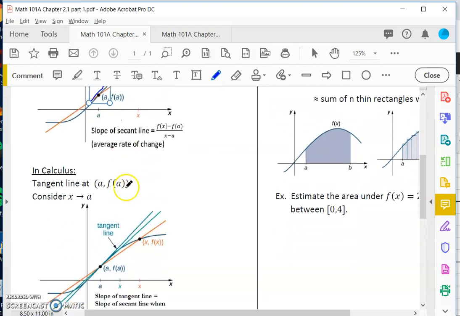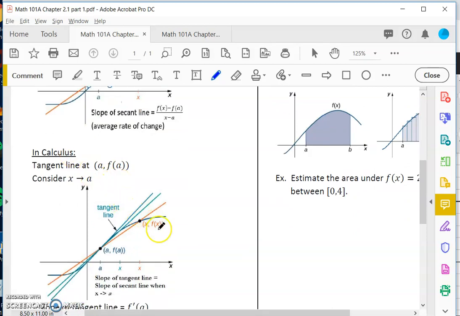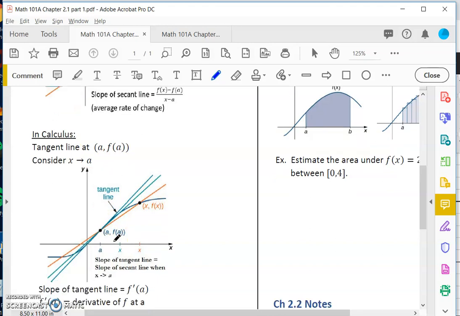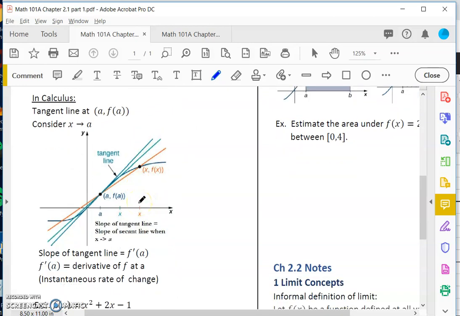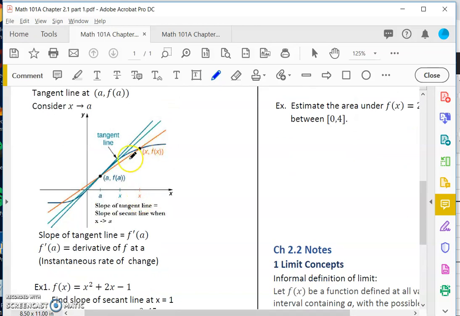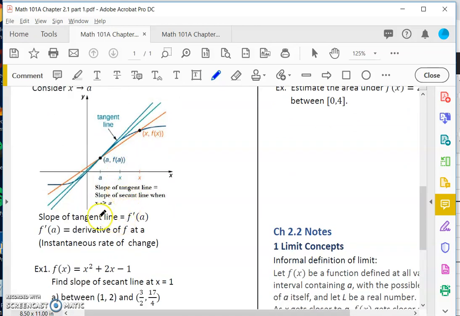But eventually, we want a tangent line. So how does calculus approach this? They would just have x approach closer and closer to a, but not equal to a, because if x is equal to a, then you're dividing by 0. So they look at what happens when x is getting closer and closer to a, so that eventually you would have a slope that is called f prime of a.